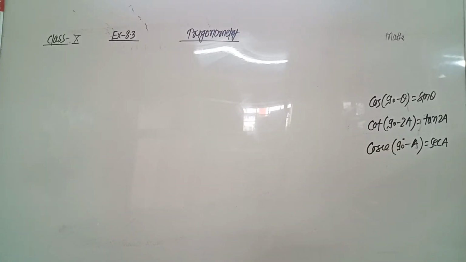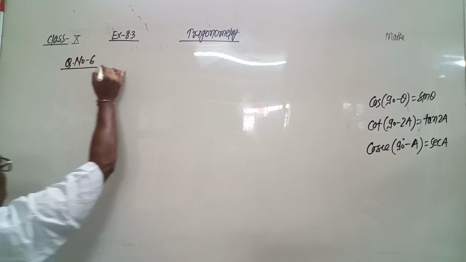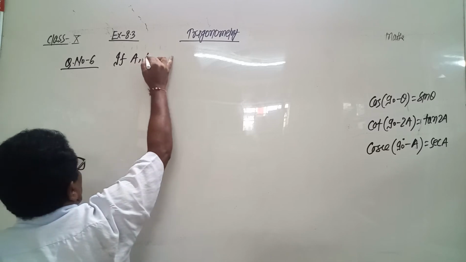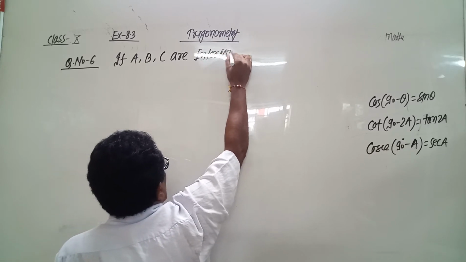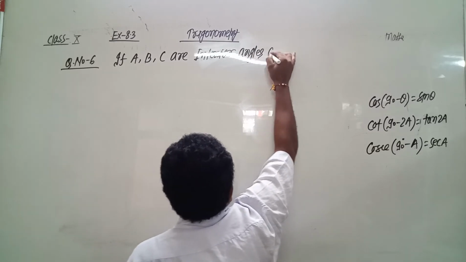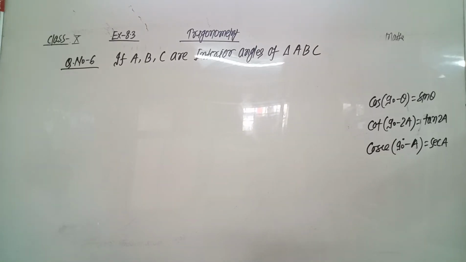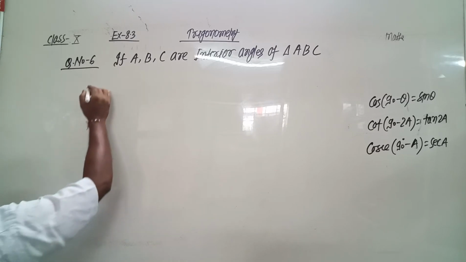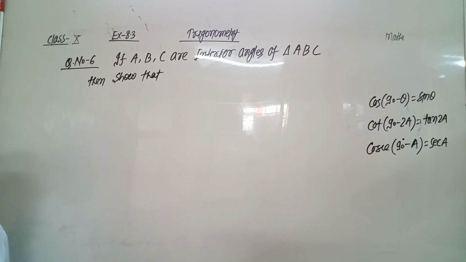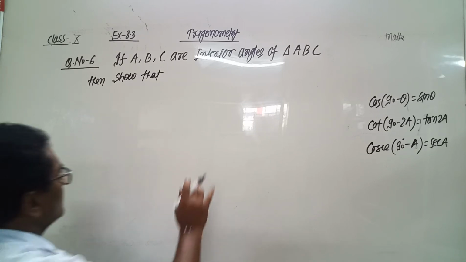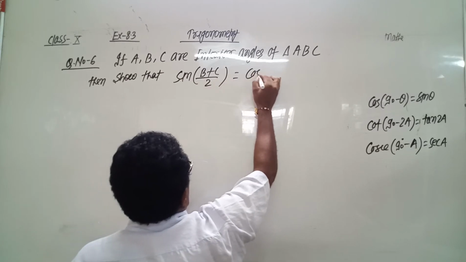Next, question number 6. If A, B, C are interior angles of a triangle ABC, then show that sin (B plus C) by 2 equals cos A by 2.